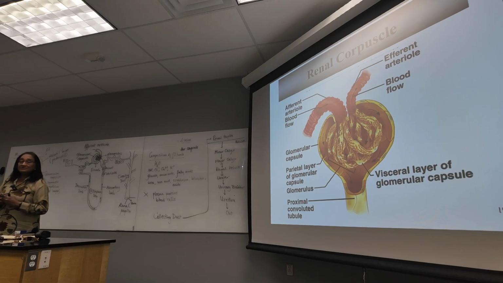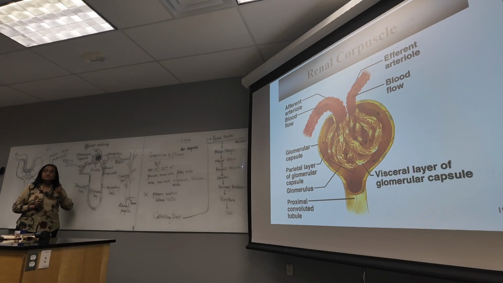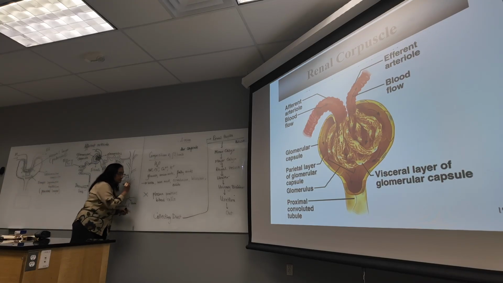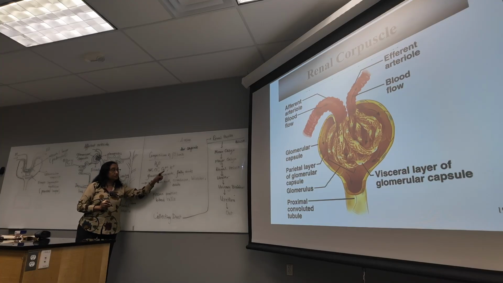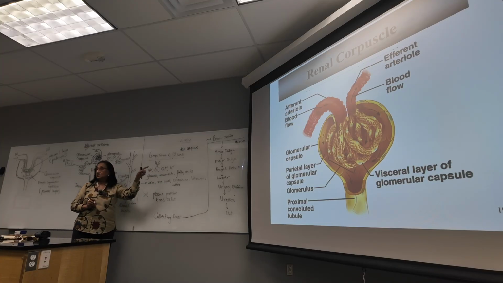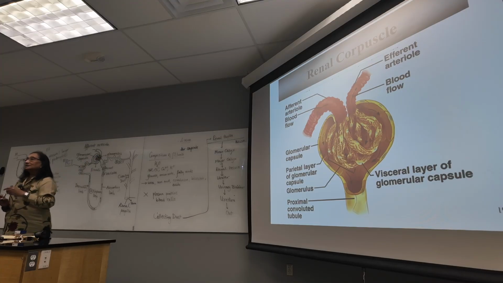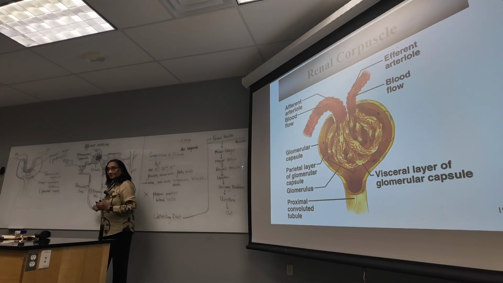So now you can see this filtrate that comes out not only has waste products, it also has substances that are useful for your body, water and everything. So you can't lose everything that is filtered out. That is where this tube comes in.